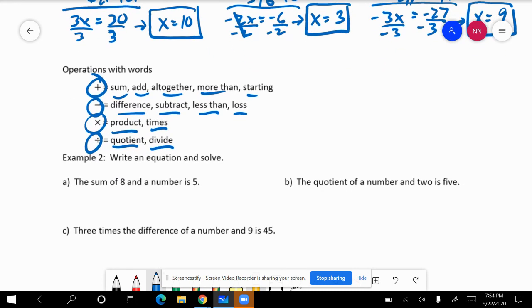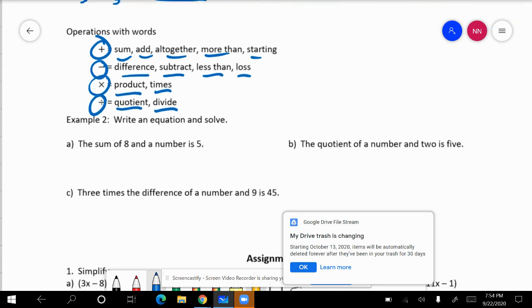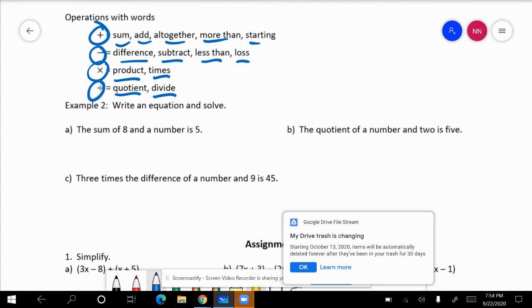So we're going to take this sentence right here, and what we're going to do is write the equation. And then we're going to solve it. So sum right there means that we're going to be adding two things. The and tells us what we're going to be adding.